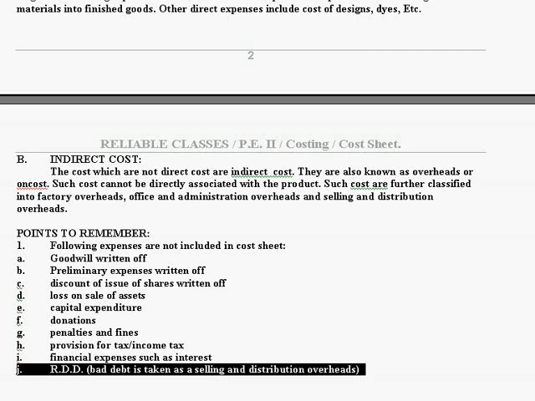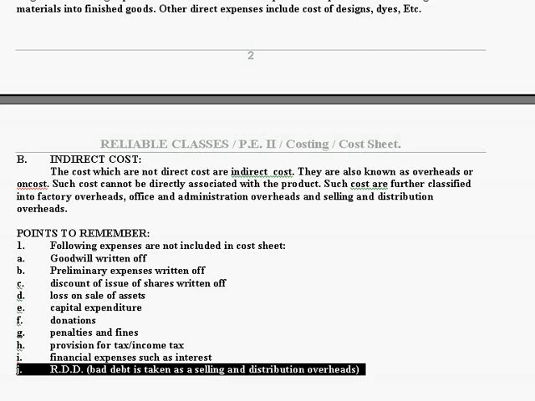About bad debts there is a lot of dispute, because there are two beliefs whether to be taken or not to be taken. I have taken the view that it has to be taken under selling and distribution, because it is the duty of the selling and distribution department that before selling they should ensure the credit worthiness of the party. Before giving to any party on credit, they should find out the credit worthiness of the party.